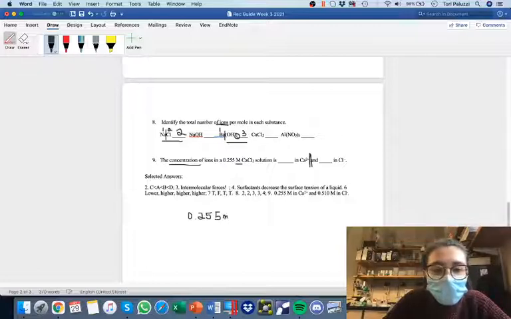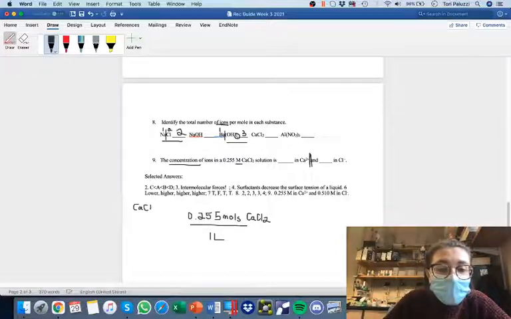So I know that I'm basically just needing to go from moles of one to moles of the other, because the liquid, or the 1 liter, is already in the denominator. And so this right here is for calcium chloride. And I just need to remember that for calcium chloride, essentially, I'm going from calcium chloride that is going to break down itself into 3 ions, as we were doing above, right? So I'm going to break this down, and I'm going to get 1 ion of Ca2+, and then I'm going to get 2 ions of my Cl-.